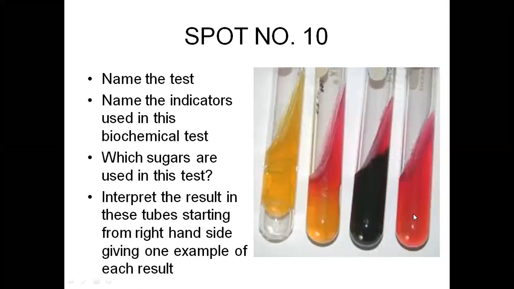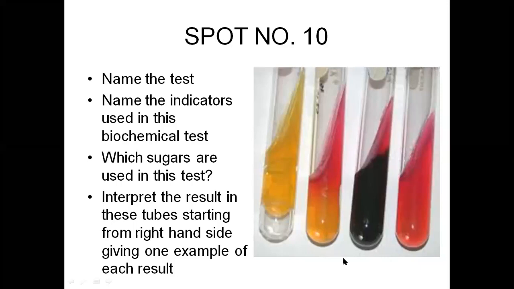Both butt and slant are going to turn pink, indicating that none of the three sugars have been fermented. An example is Pseudomonas. So Pseudomonas is one bacteria which ferments no sugar present in this test.